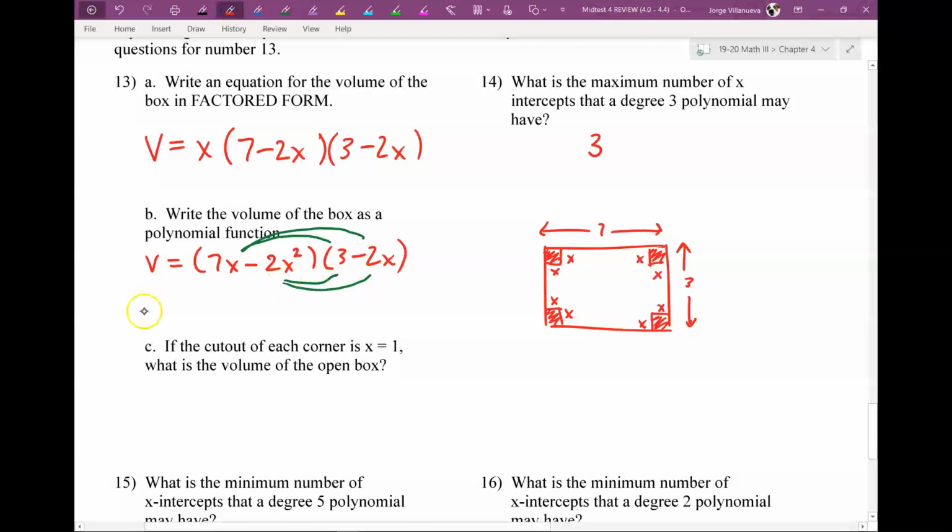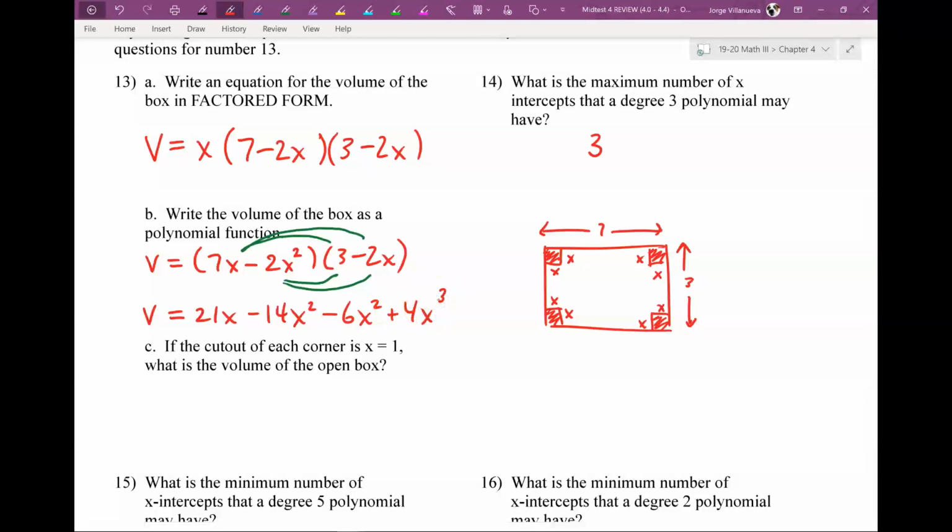So let's see. We get volume equal to 7x times 3 is 21x. 7x times a negative 2x is negative 14x squared. Negative 2x squared times 3 is negative 6x squared. And then negative 2x squared times negative 2x will be positive 4x cubed. Now, this is correct, but you got to simplify it.